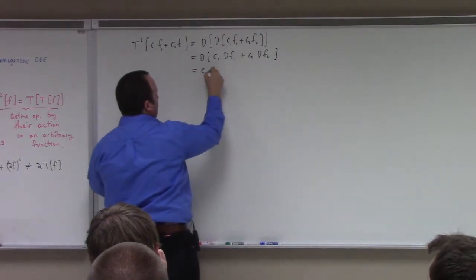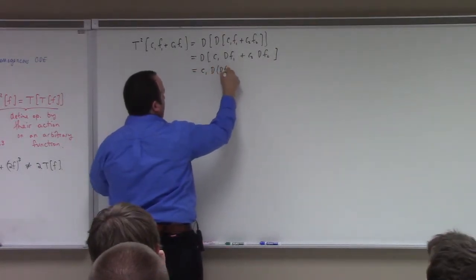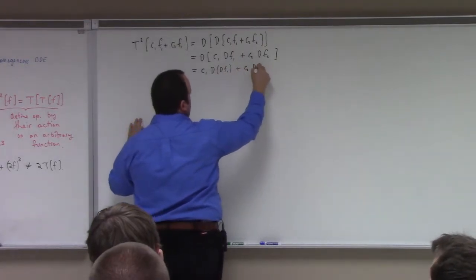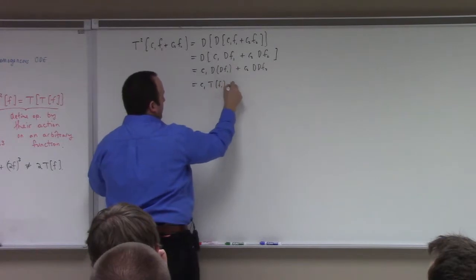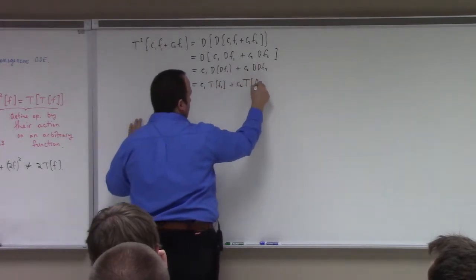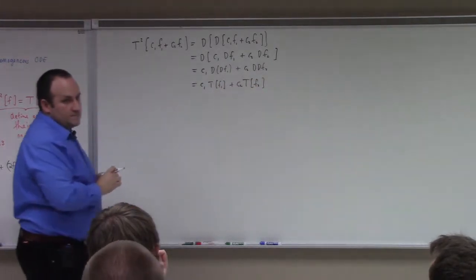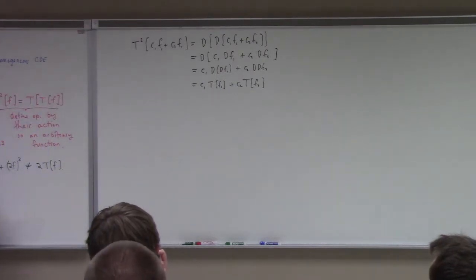Then I can pull the constant out again. I get c1 D D f1 plus c2 D D f2, aka c1 T of f1 plus c2 T of f2. So, in fact, this continues to be true. If you calculate the nth derivative, D to the n, this is also a linear transformation.